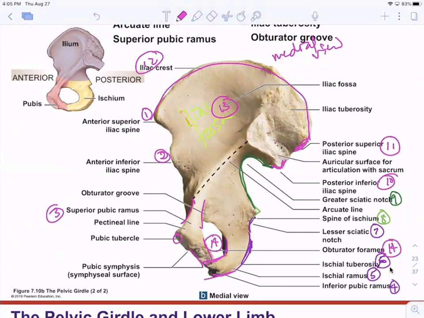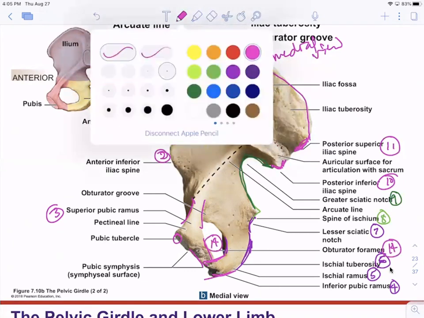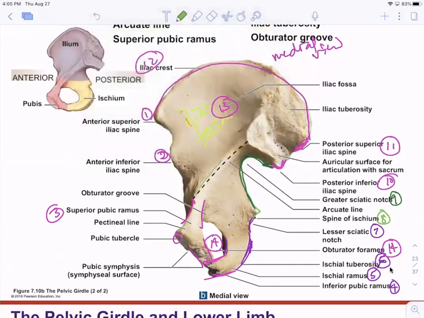And a couple of other things to note. When the pelvis is put together, there's this line that kind of defines the pelvic outlet, and that is what is referred to as the arcuate line. So the arcuate line, on both sides, defines the pelvic outlet.